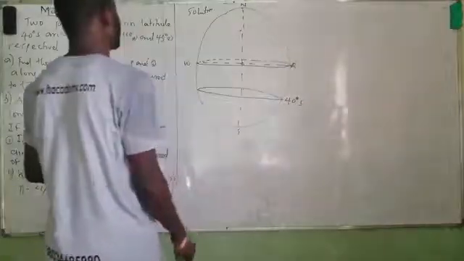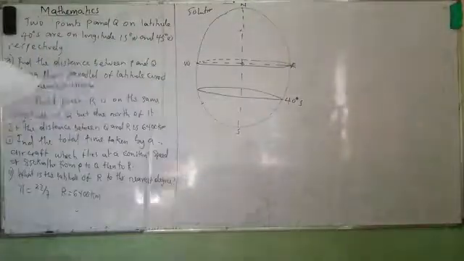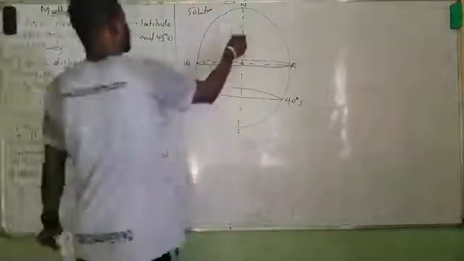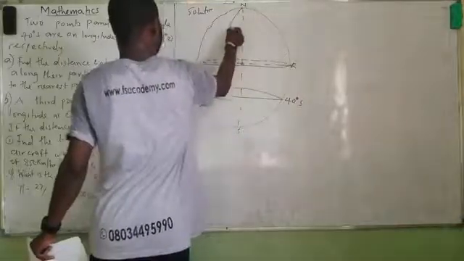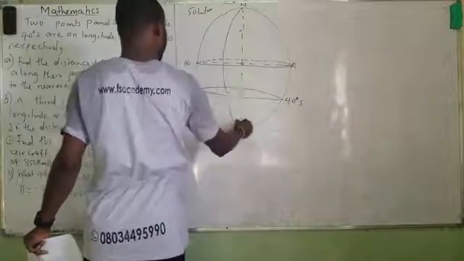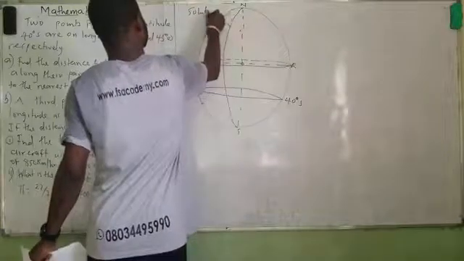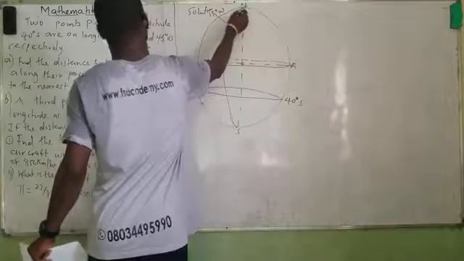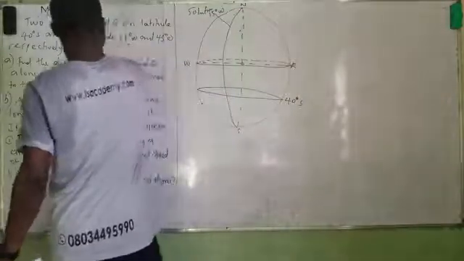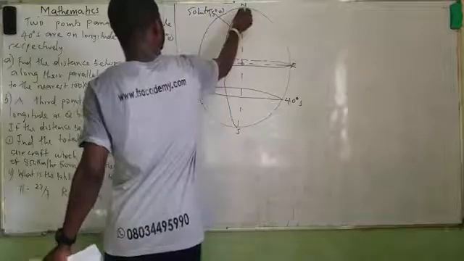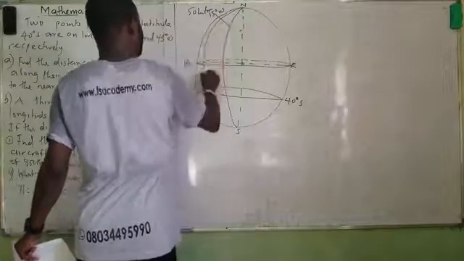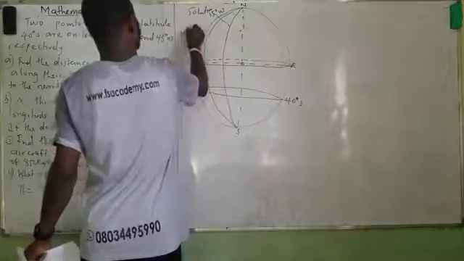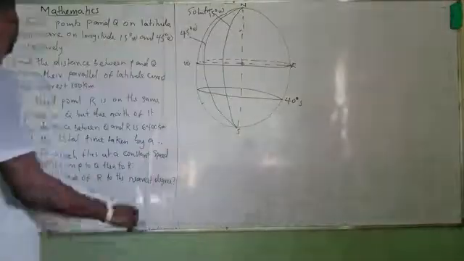And 15 and 45: this should be 15 degrees west and 45 degrees west, also the same area, respectively.